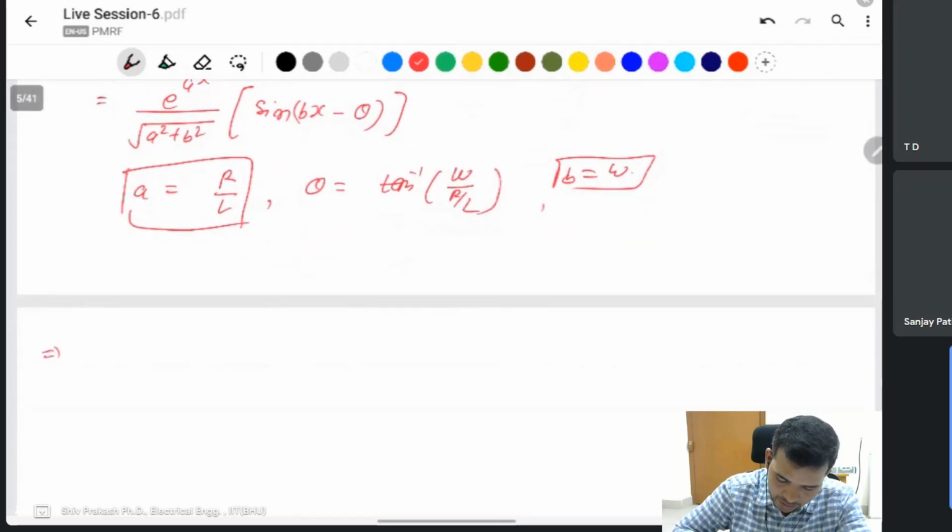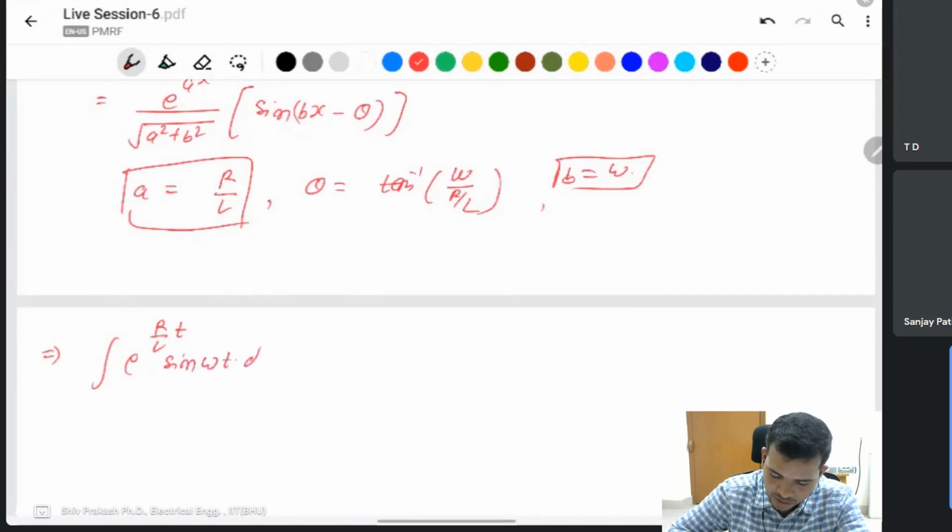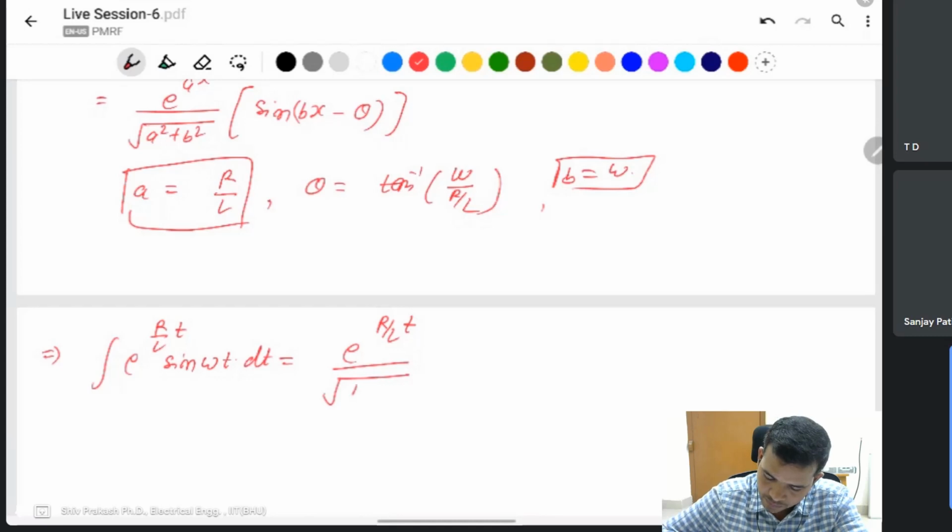Then we finally find the integration of e power R by L into t sin omega t into dt is equal to e power R by L into t divided by root of (R by L) square plus omega square, into sin of omega t minus theta.